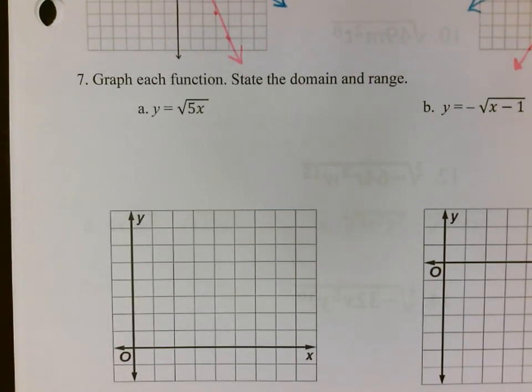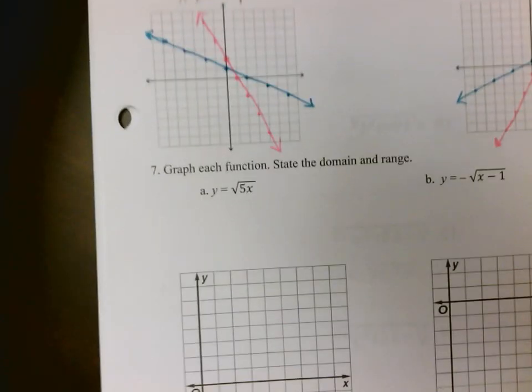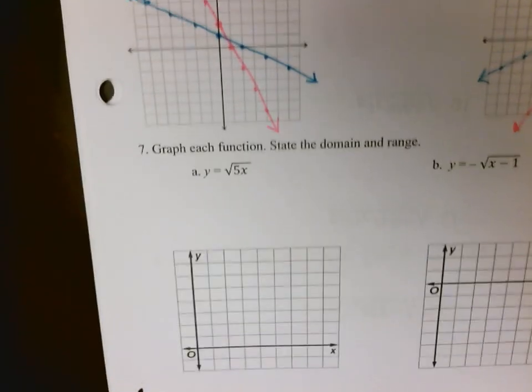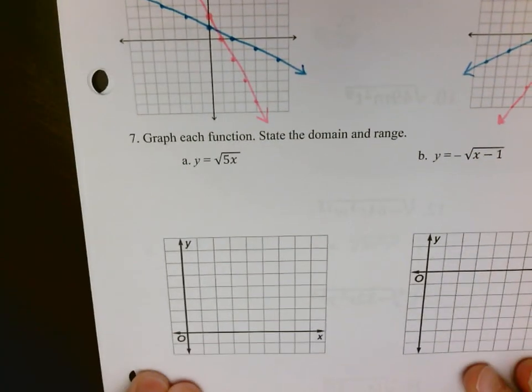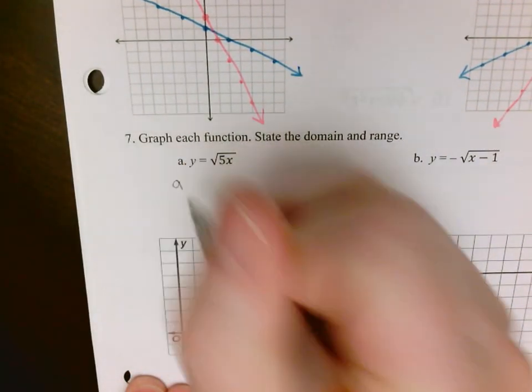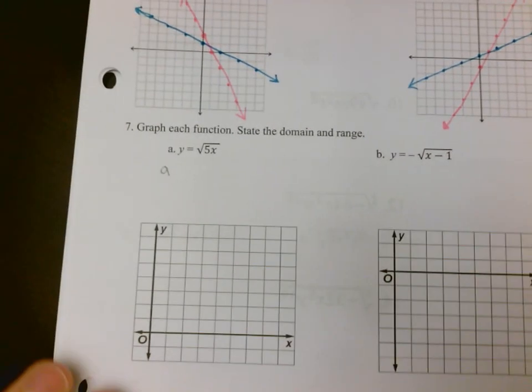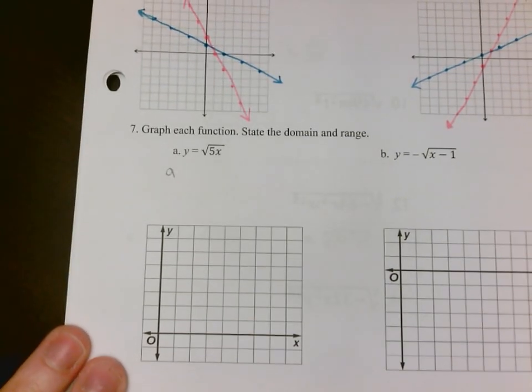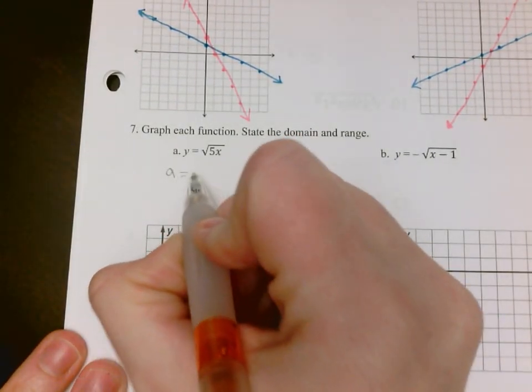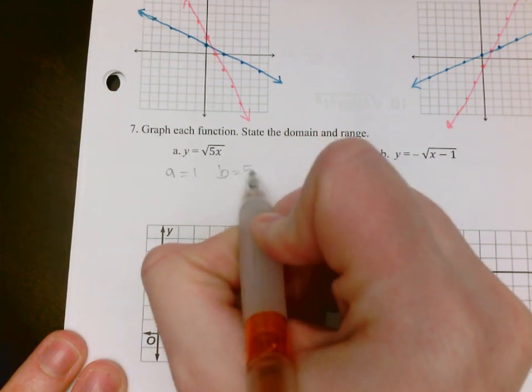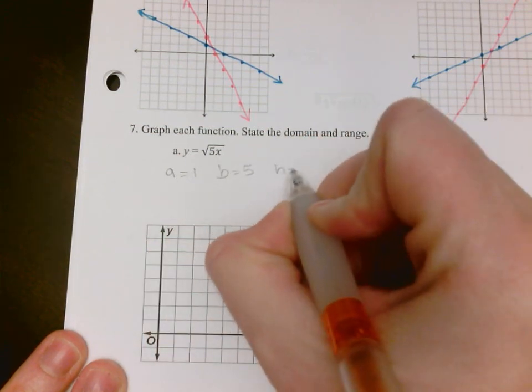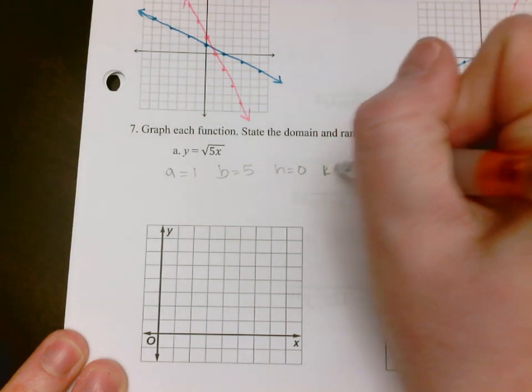So, on this first question, labeling. So a equals 1, b equals 5, h equals 0, k equals 0.